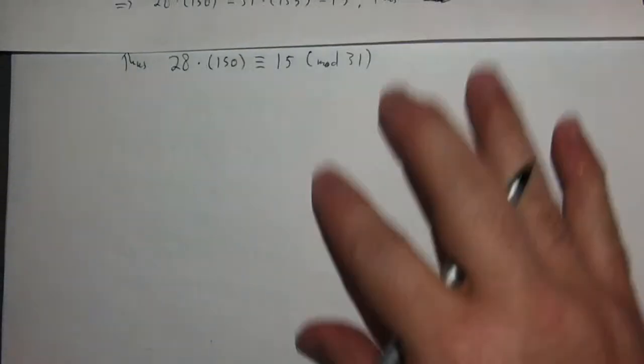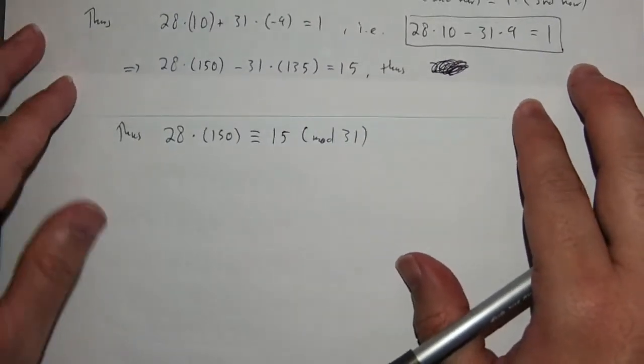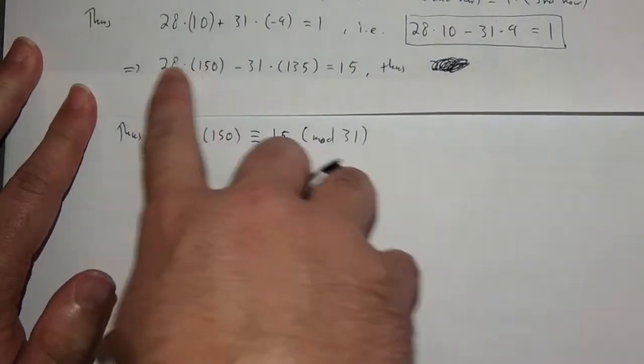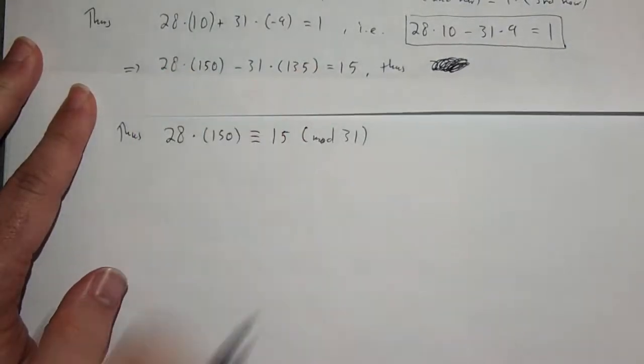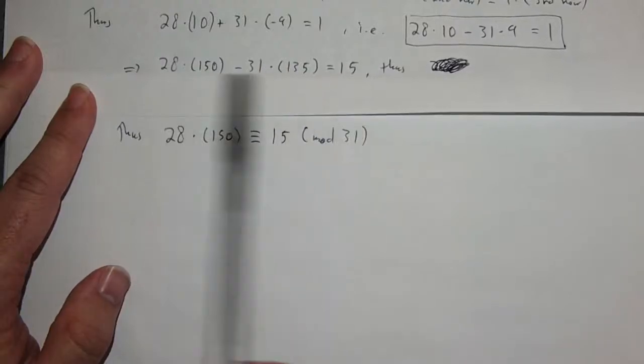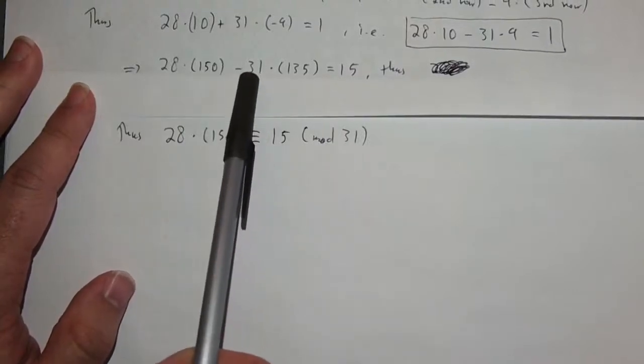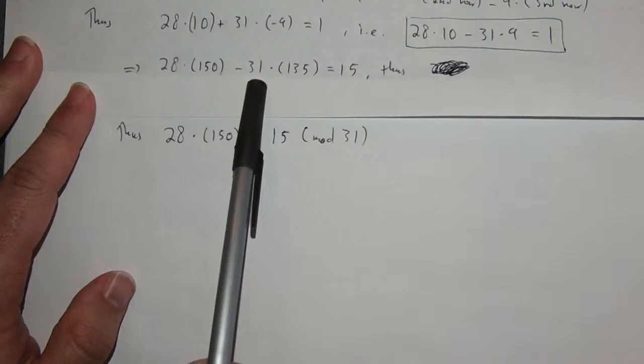Why can I say that? Going back here. Right. I have this linear combination involving 31 here, but of course, viewing 15 as a linear combination of 28 and 31, mod 31, 31 is 0, right?